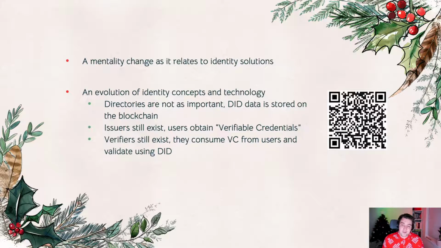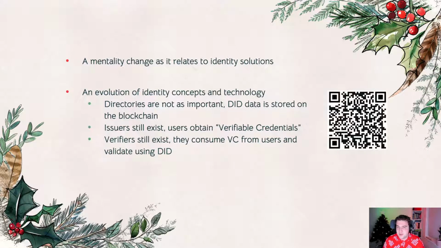We still have things such as an issuer. So that example I gave of the government issuing a passport still exists, but they're issuing now what's known as a verifiable credential. And once you have that verifiable credential, you no longer need to talk to that issuer to actually prove that it is legitimate. It can't be taken away either. Verifiers still exist as well, right?